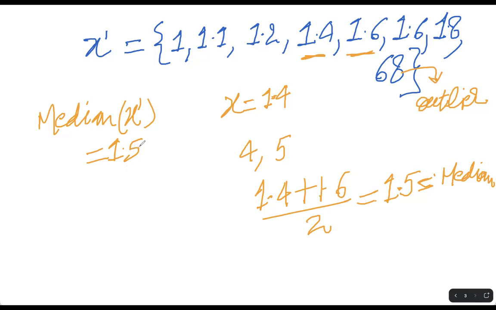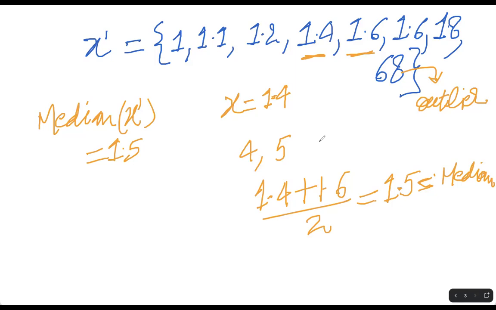One nice property about median is, if you have a small number of erroneous points or outliers, it can't corrupt your value of median much. Earlier my median value was 1.4, now it is coming out to be 1.5, which is very close. So this is a very nice property about median: if you have a small number of outliers or erroneous points, it can't corrupt your value of median much.